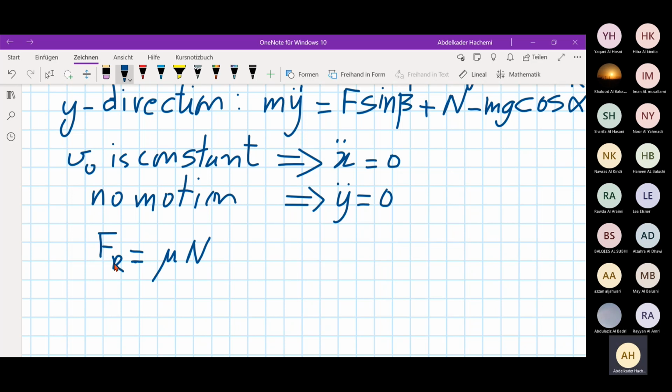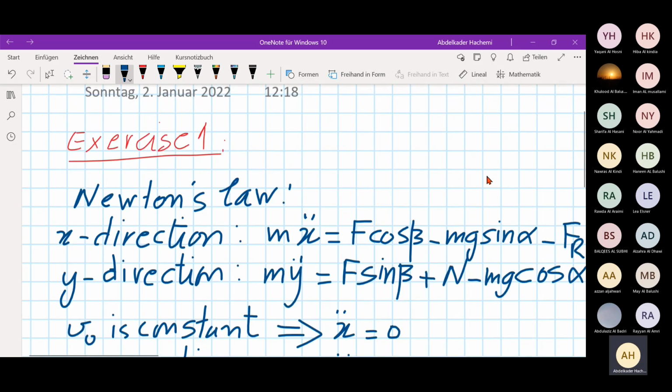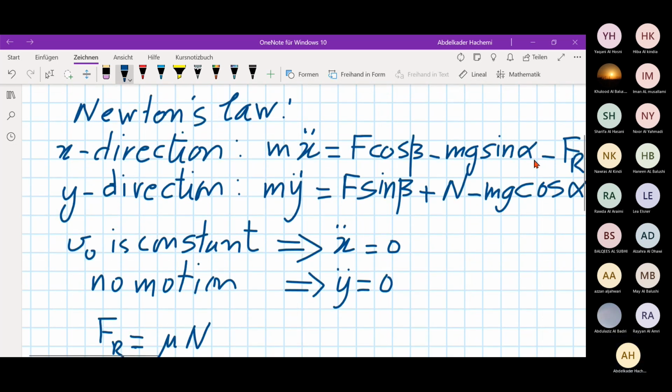Okay, then it means here we can make a relationship between this. From this equation here, Fr, if we replace, then we get the following relation here.